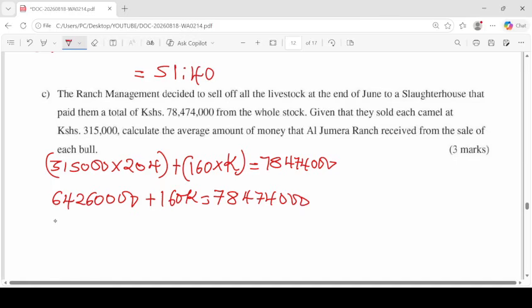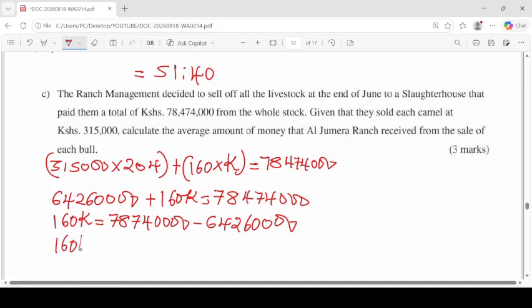So this will be 160K is equal to 78,740,000 less 64,260,000. When you subtract this, you are going to get 14,480,000.